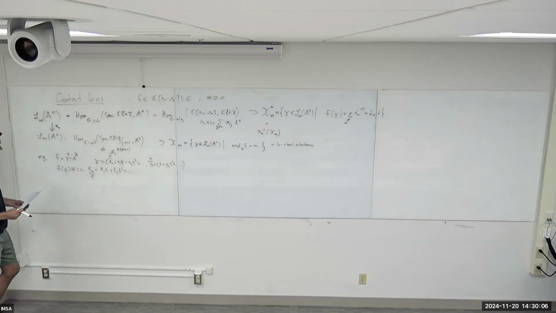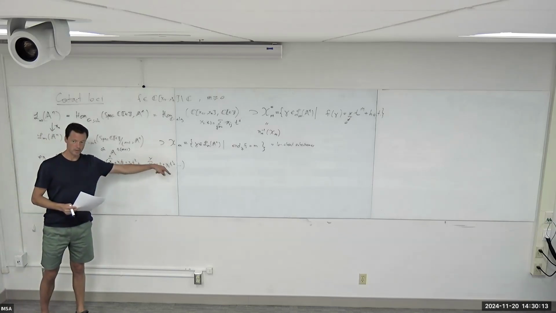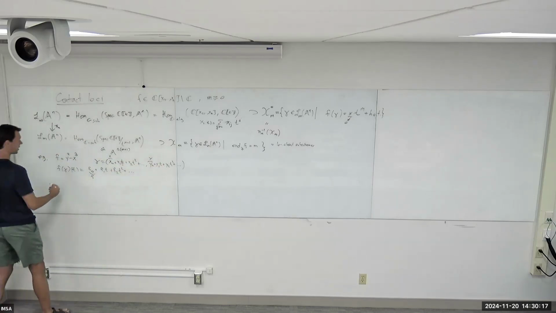So there's an easy trick. Define a formal derivation that sends x_i to x_{i+1} and y_i to y_{i+1}. And with this formal derivation, differentiate f.